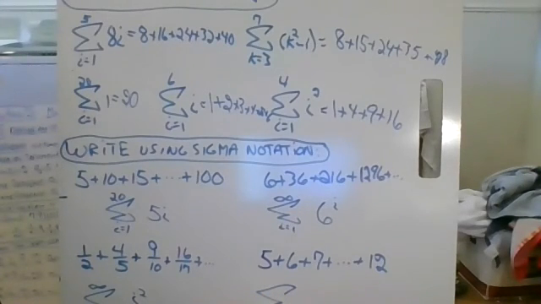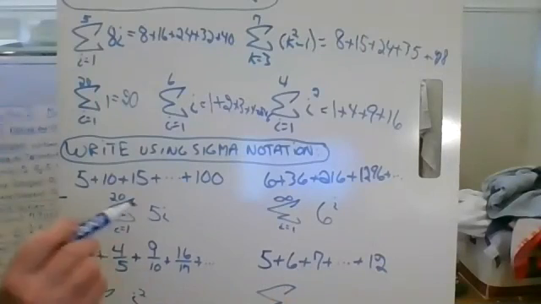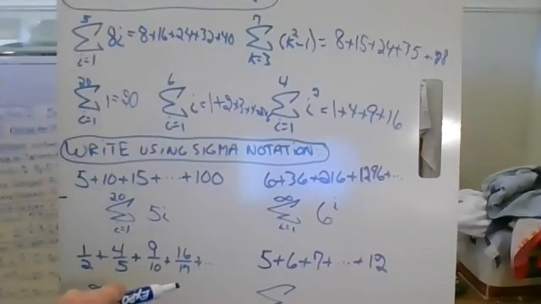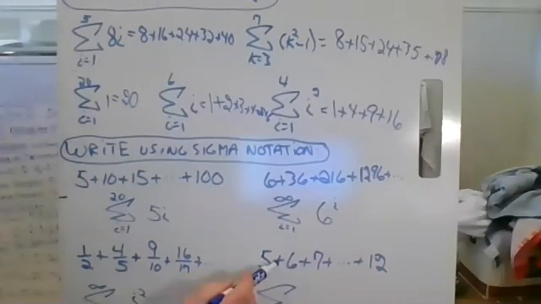Now this last one, i equals 1 to... well, it's simply 5 plus 6 plus 7 up to 12. This is one of those that's linear. It has a common difference, doesn't it? It's 1, so you get 1 times i.